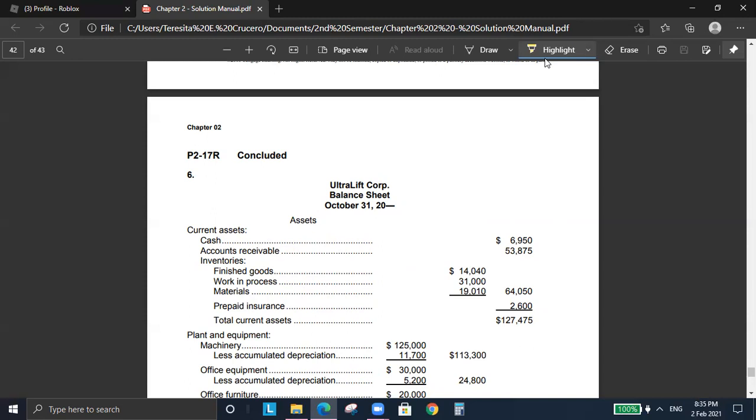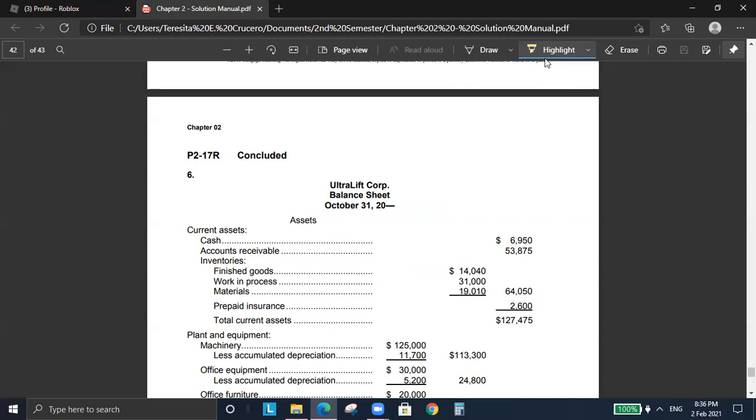In other words, we have this finished goods already ready for sale, whereas the materials inventory, you still need to produce and convert it to finished goods. So meaning finished goods first and then work in process and materials.